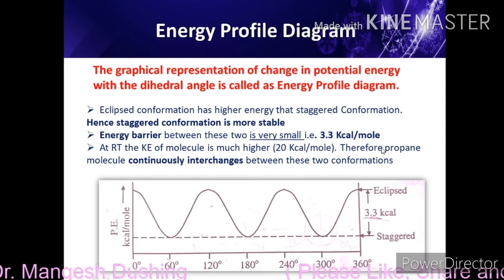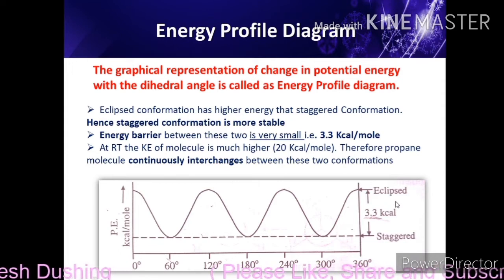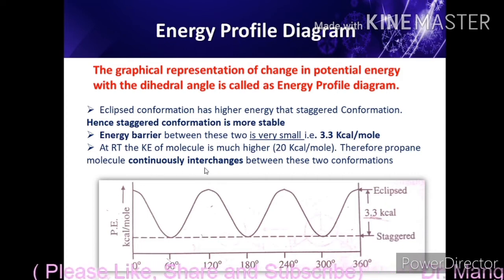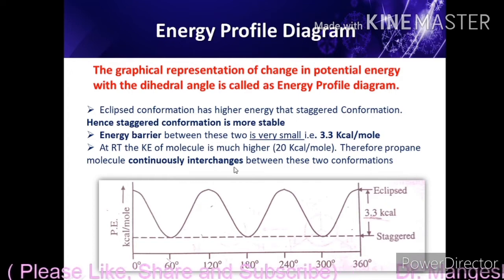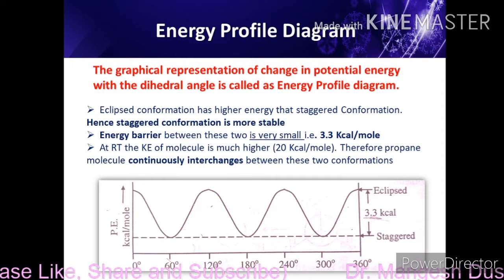Therefore, at this higher kinetic energy, these two conformations continuously interchange. So we cannot find either eclipsed or staggered at constant pressure and temperature, because they are continuously interchanging between these two conformations. These are the interconvertible isomers.